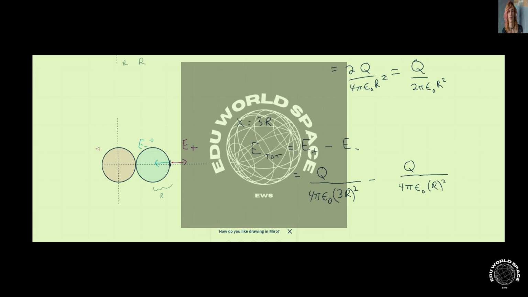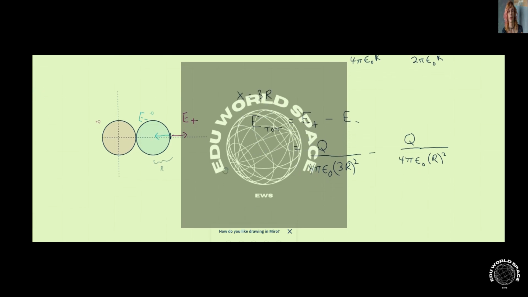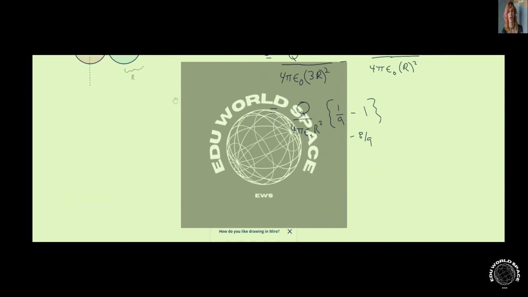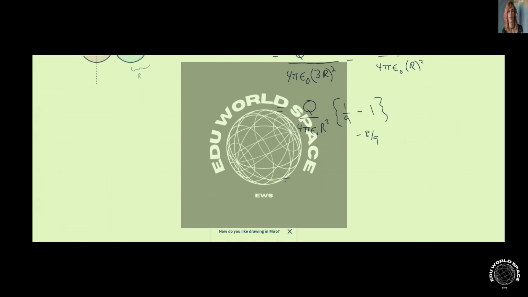That comes out, all said and done, to 1/9 minus 1, which is minus 8/9. So we can simplify our electric field down. It's always good to simplify the fraction down.